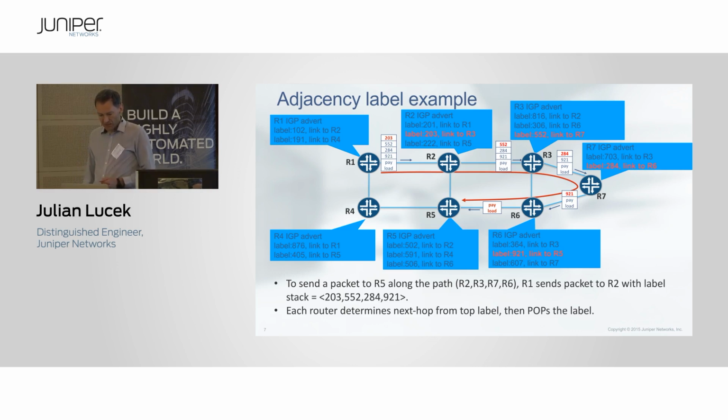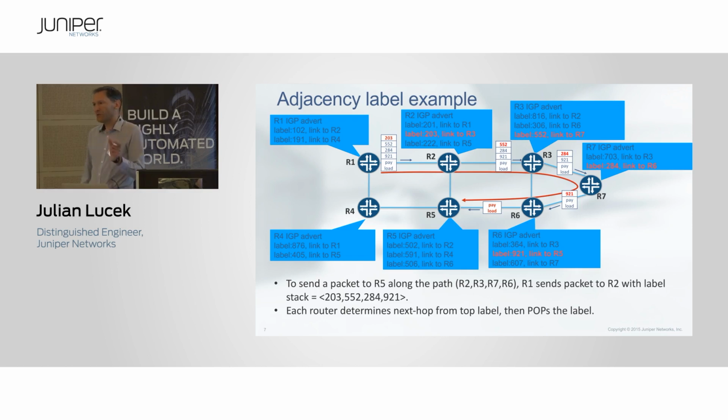Now, once the packet gets to R3, R1 actually wants it to go on the link from R3 to R7, so it looks at what that adjacency label is, and that's 552, and so that's the second from top label in the packet that R1 is pushing. And similarly, you've got labels for each of the other hops.